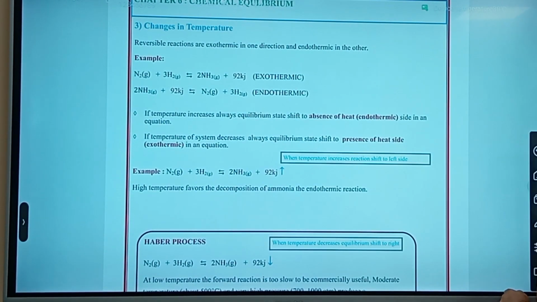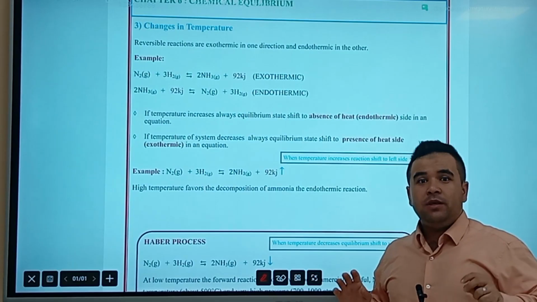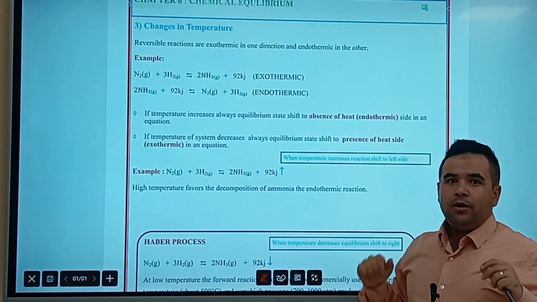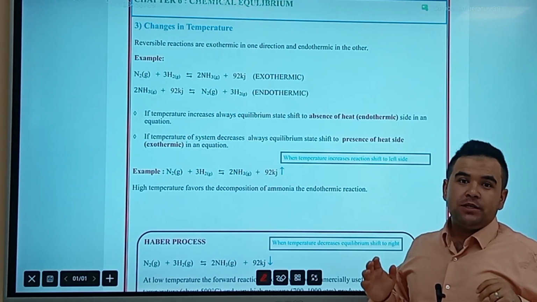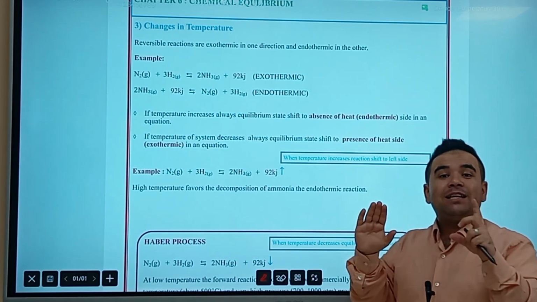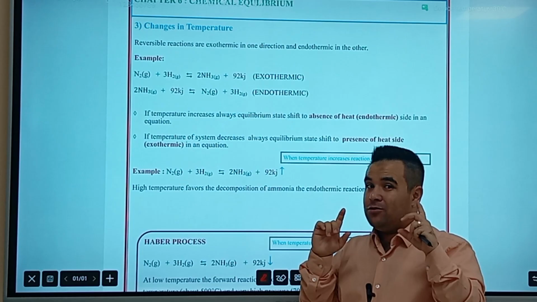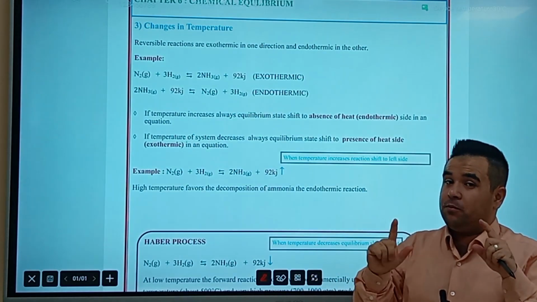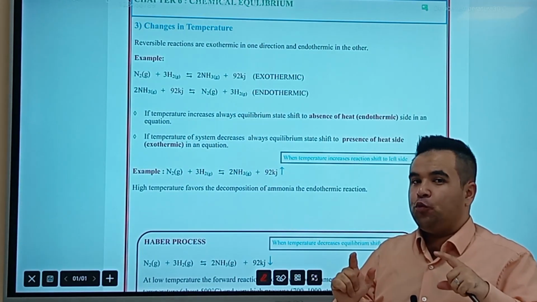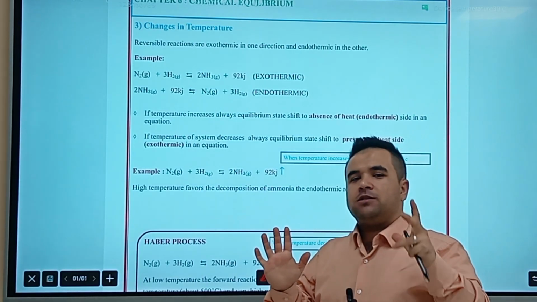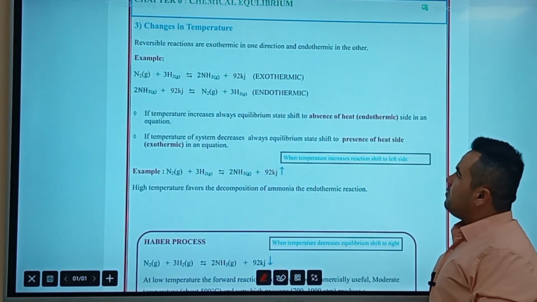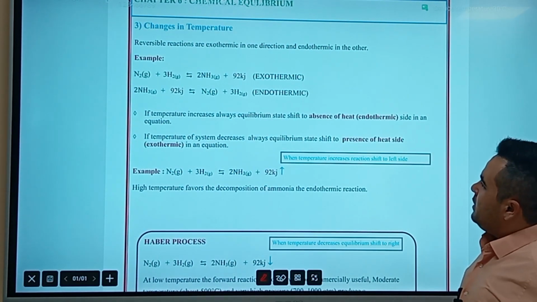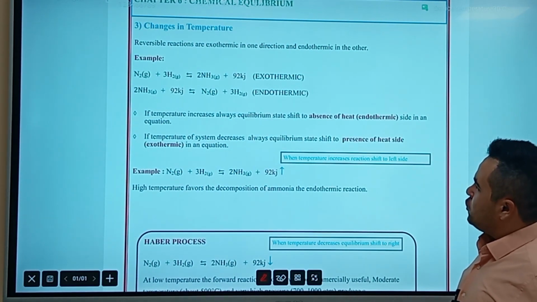Let us talk about the third factor which changes or shifts the equilibrium regardless of the physical status. So temperature, whenever we talk about temperature, it always works. Whether the system is gaseous, solid, or liquid, there should not be any restriction for the temperature.